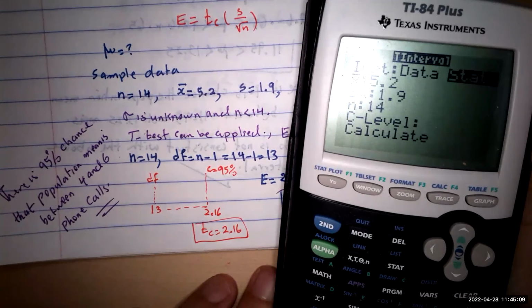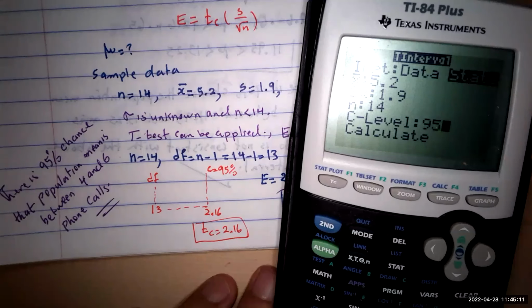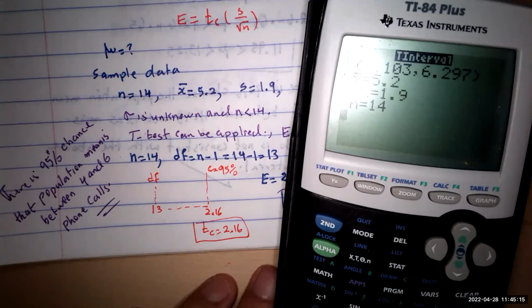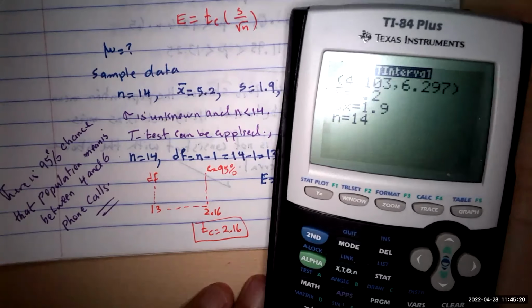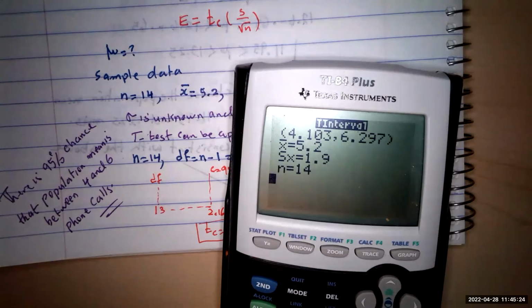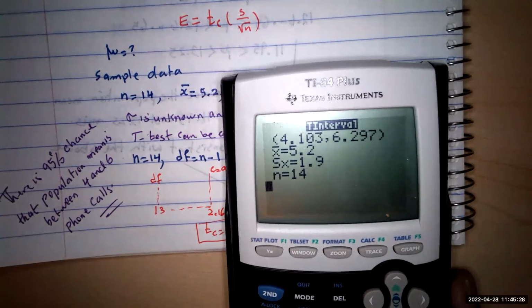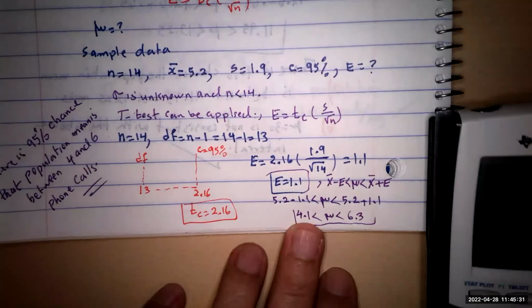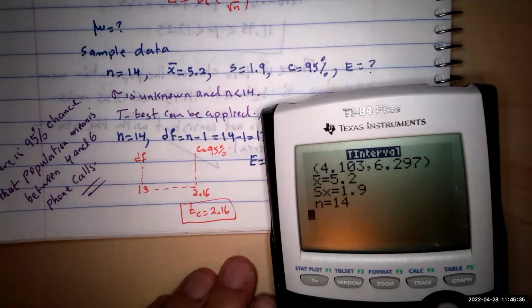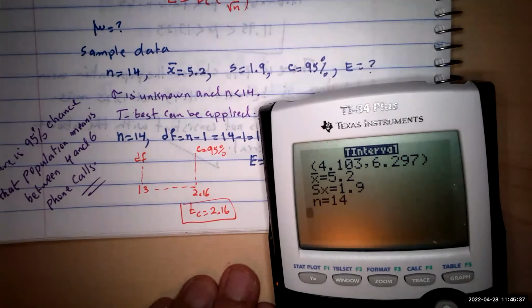So level of 95. And then we are going to ask to calculate it. You see the interval, 4.1 and 6.2 or 6.3. That's exactly what we got here. 4.1, 6.3. That's it. 4.103 and 6.297, which is 6.3.